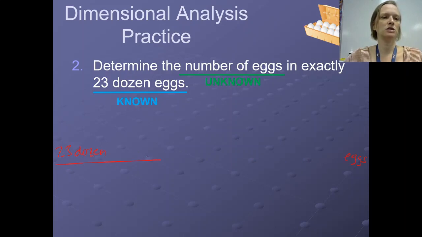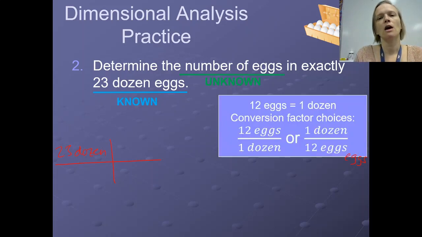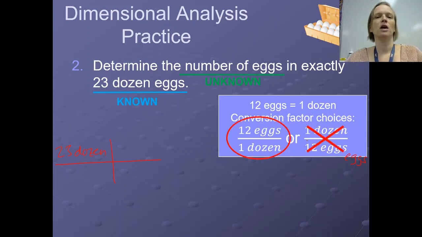And I'm going to go ahead and insert the dimensional line, so I'm ready to write down my conversion factor. With these conversion factors, I expect you to know that there are 12 objects in a dozen. So I can either use 12 eggs are in 1 dozen, or 1 dozen is the same as 12 eggs. Which one should I use? I need to use the one that has the dozen down below. So 1 dozen is the same as 12 eggs.